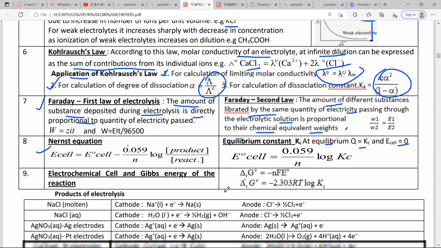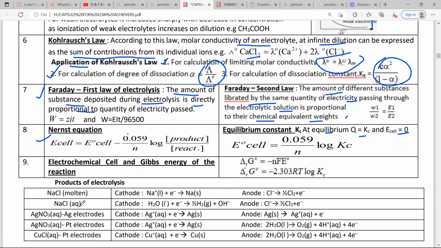And here are some important products of electrolysis. If NaCl is taken, in the case of molten, Na plus will be at the cathode and Cl minus will be at the anode. But in the case of aqueous, this is most important: whether the electrolyte is molten or aqueous.